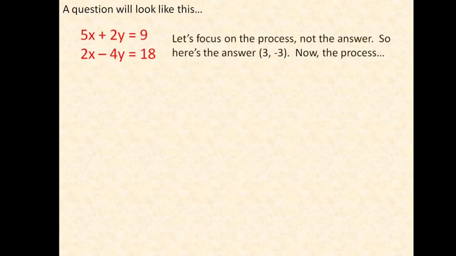When you solve these two equations by any other method, the solution will be 3 and minus 3. This 3 stands for the value of x and this minus 3 is the value of y. Together they make the solution of the given equations.